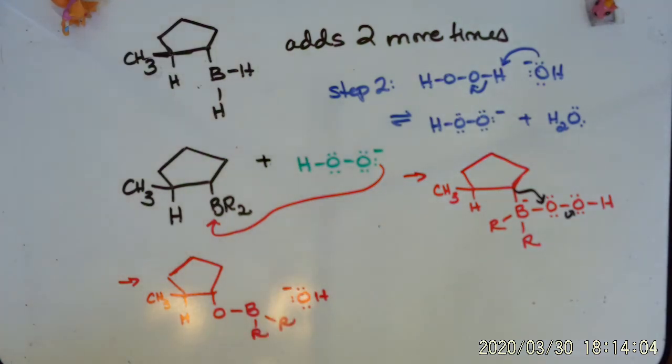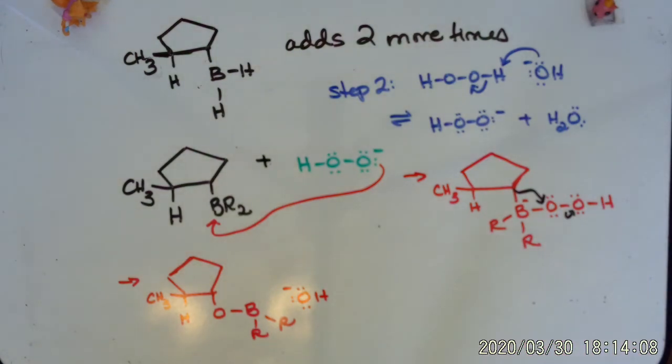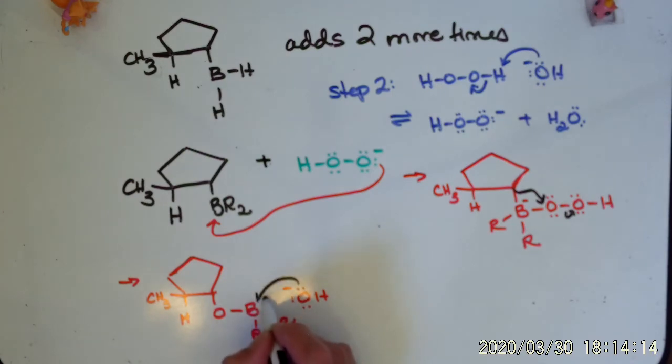Okay, so that was kicked out, forms that. This is what you get. Now, my hydroxide comes back, attacks the boron, and the electrons go onto my oxygen.